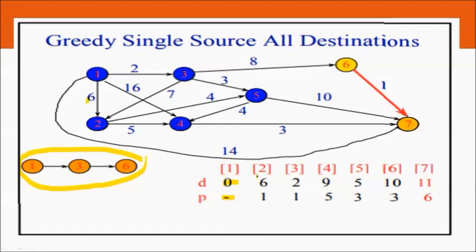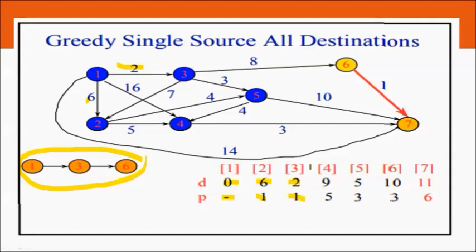And our previous vertex or predecessor is vertex 1. Okay, next. From vertex 1 to vertex 3, we have a distance of 2. And our previous vertex is vertex 1.